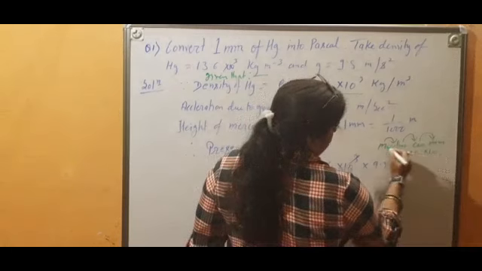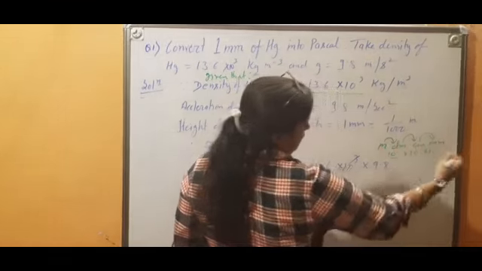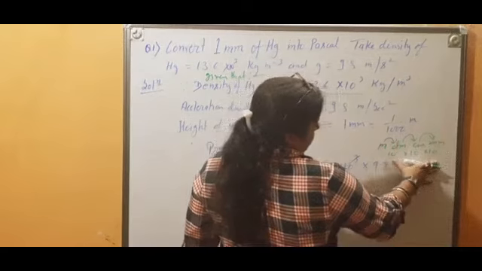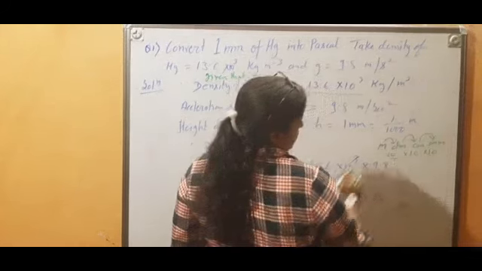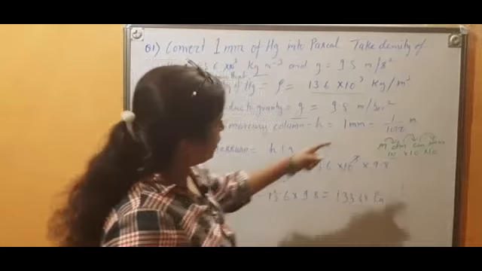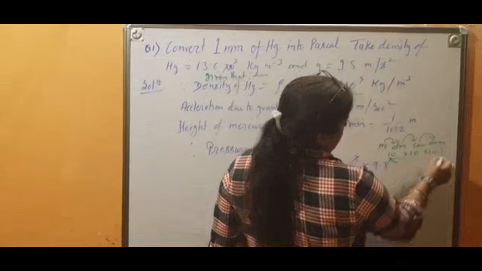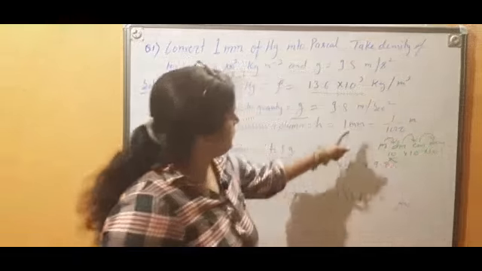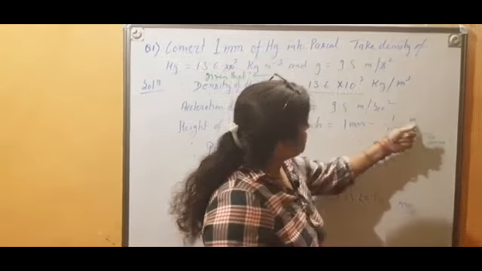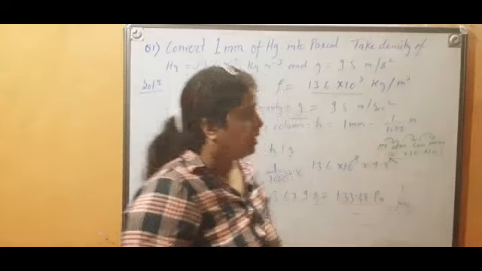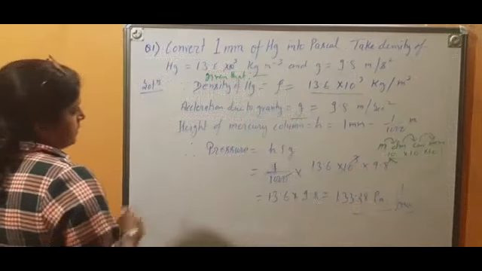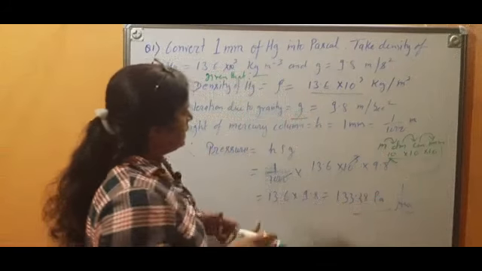So from meter to millimeter, you have to multiply by 1 with 3 zeros. Because I have to convert in reverse, from smaller to bigger unit, I have to convert millimeter into meter, so I divided by 1000. So it is 1 by 1000 meter, that is the height of the mercury column in the barometer.